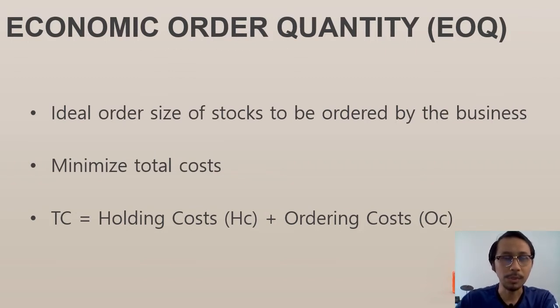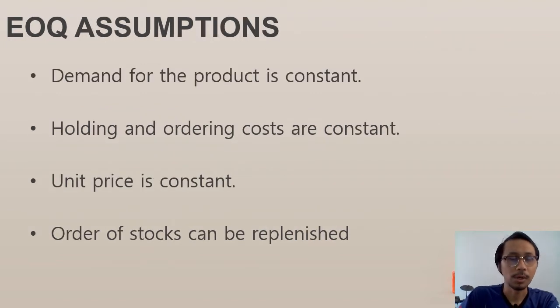But before we can further look at the calculation part of the EOQ, we must consider certain assumptions. So these are the assumptions of EOQ. First of all, we assume that the demand for our product is constant throughout the year.